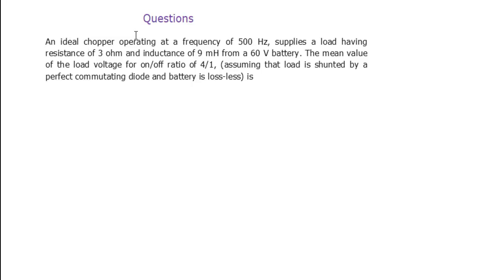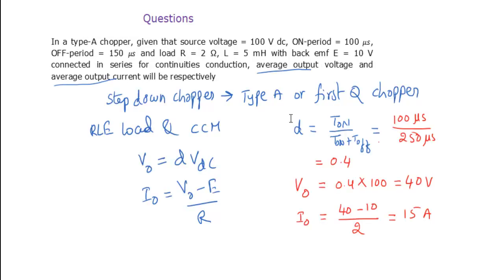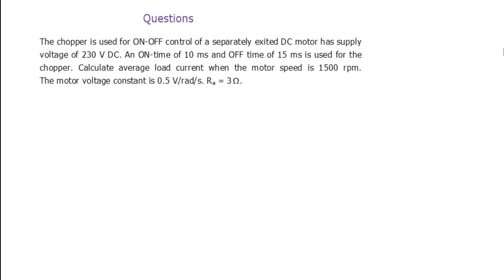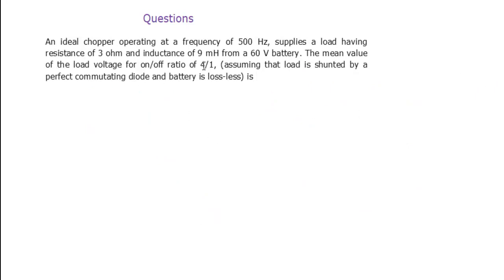So here ideal chopper means step down chopper and the load is an RLE load, and assuming the load is shunted by a perfect commutating diode, that's nothing but the load having a freewheeling diode, and the battery is lossless, meaning we have continuous current conduction. We already discussed a similar type of question in the first example, but the reason I have given this one is to show how to calculate the duty ratio.